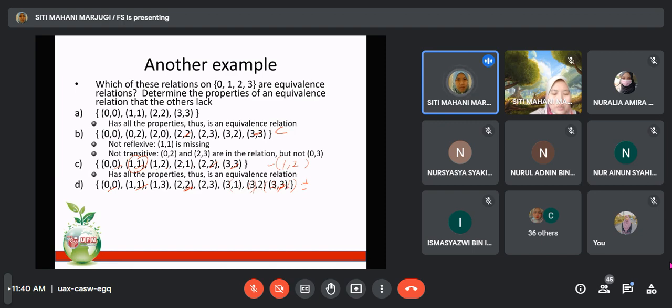So 3, 3, we got it here. Okay. In terms of the transitive, you can do it one by one lah. I see here 1, 3 and 3, 2. But we don't have 1, 2 here. Ada tak 1, 2? Ada kan? So this is not transitive.